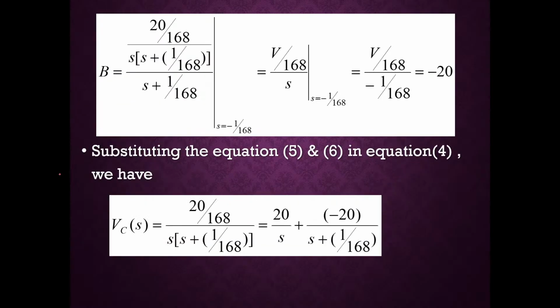Okay then. Now the B value. B is equal to what? Our term, that is 20 by 168 by s into s plus 1 by 168, divided by the denominator of B, which is s plus 1 by 168. So you can cancel s plus 1 by 168 at s equal to minus 1 by 168. So the numerator is 20, isn't it?